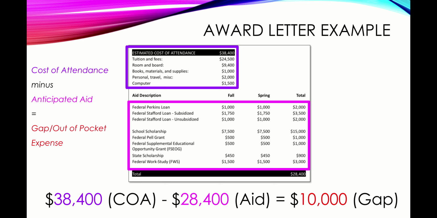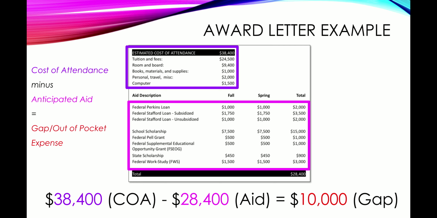And in the pink box, I've laid out the actual aid being offered to this hypothetical student. You'll notice this federal Perkins loan, Stafford loan; the language has changed in the last few years. The federal Perkins loan program no longer exists, but there are federal subsidized and unsubsidized direct loans.